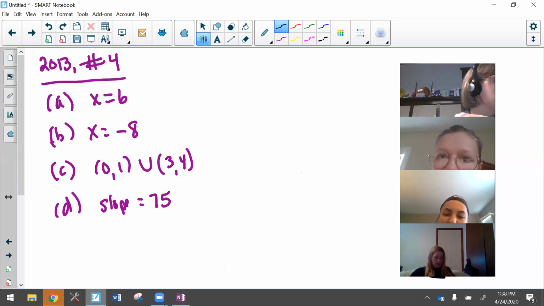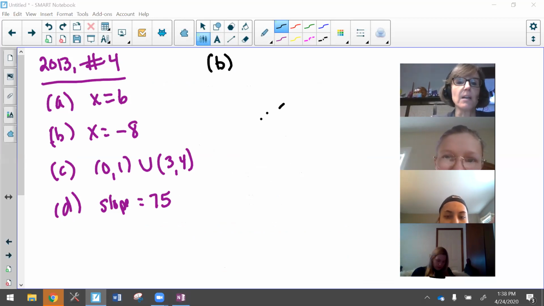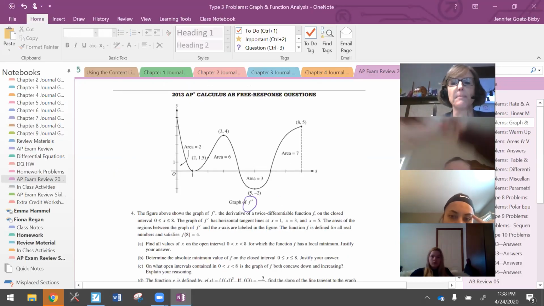Part B says determine the absolute minimum value of f on the closed interval from 0 to 8. First of all, remember that what is plotted in that graph here is f prime.